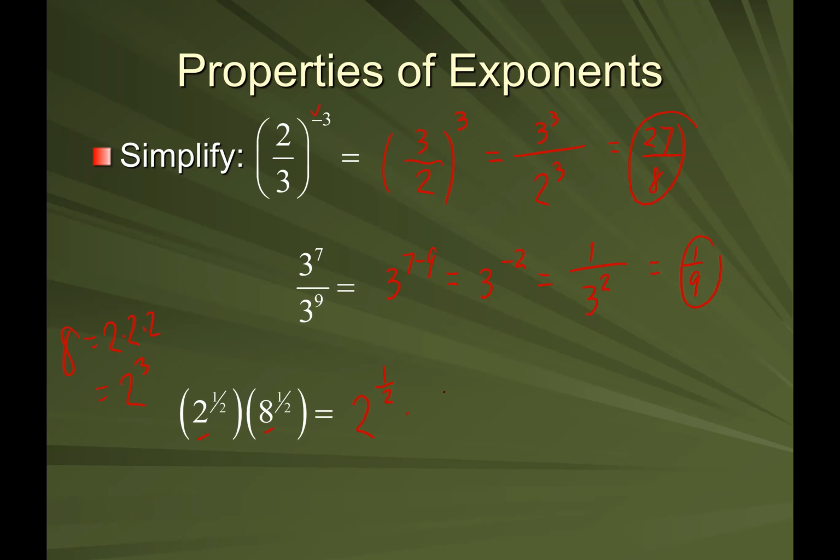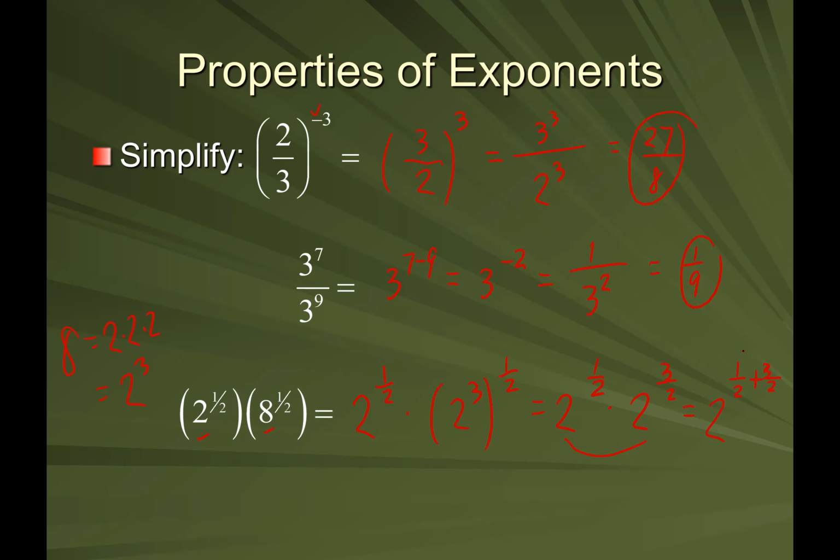So now 8 becomes 2 cubed to the half power. Now we turn it into the same base. So 2 to the half times 2 to the 3 times half, which is 3 over 2. Now you see the same base, so we keep the base 2, and we're adding half and 3 over 2.